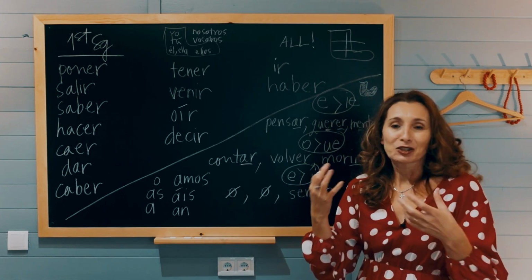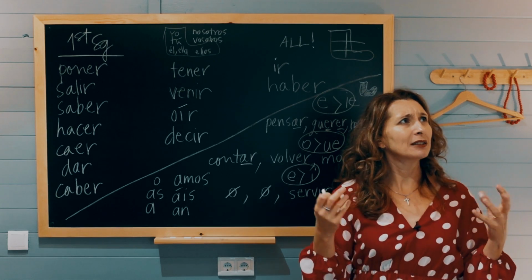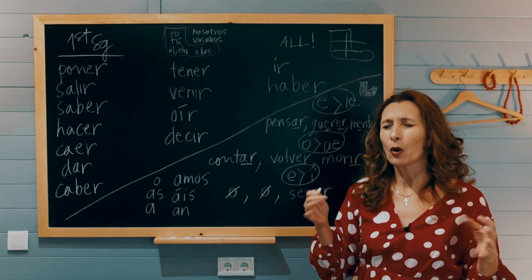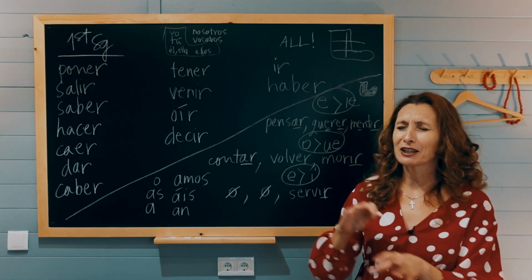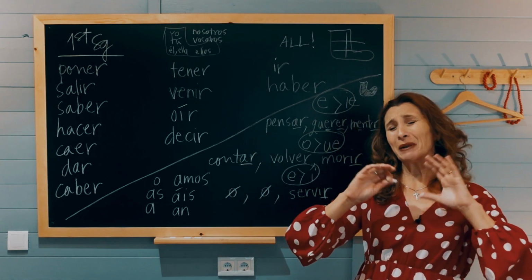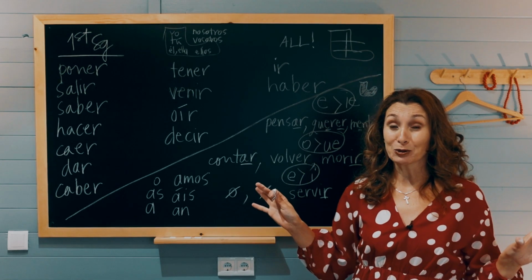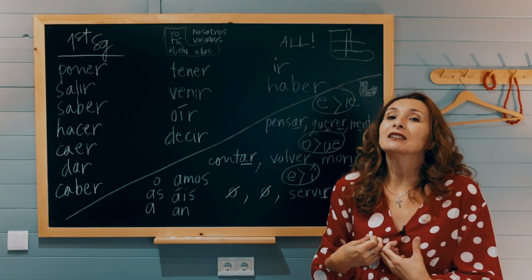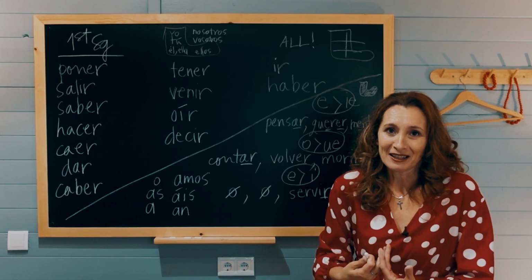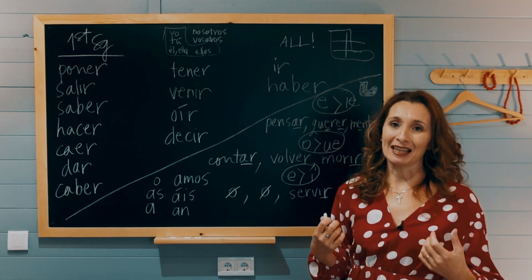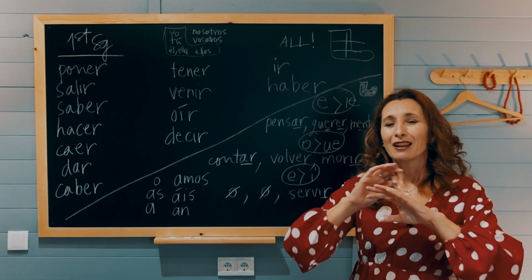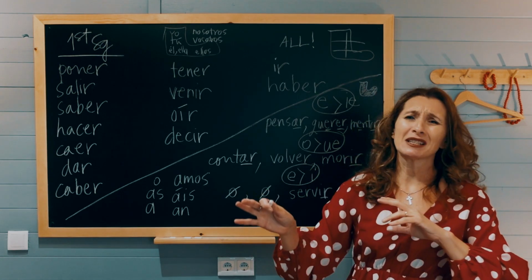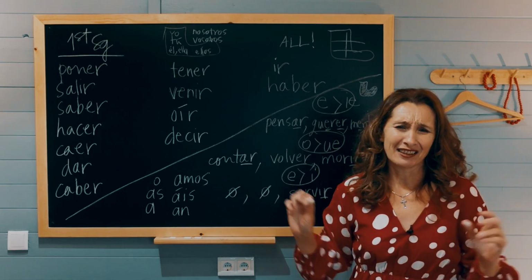You won't be struggling, you won't be thinking, oh, how does this go? Does this belong to this group or that group? Is it only irregular in the first person or the second person? You will basically forget about the rules and you will internalize, automatize those six. Pongo, pones, pone, ponemos, ponéis, ponen, without really knowing which one is irregular and is there anything irregular.